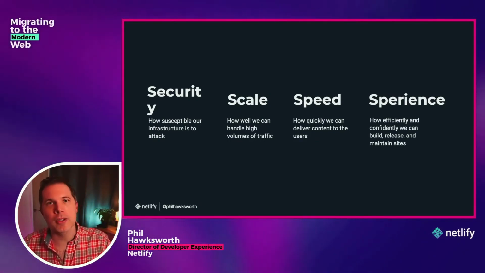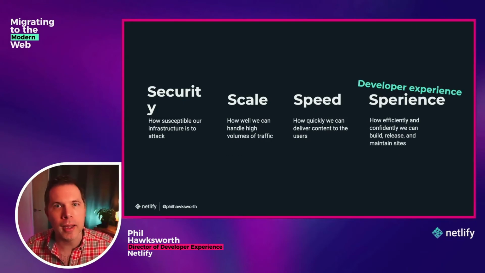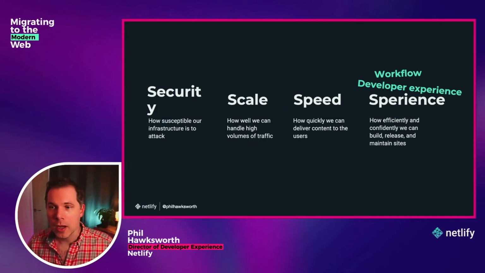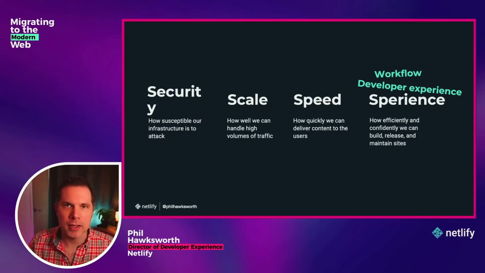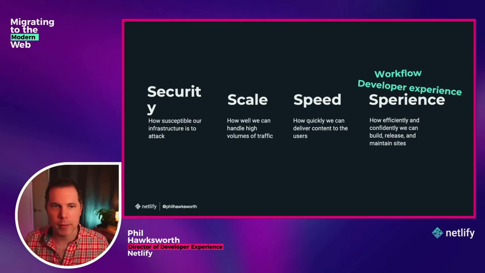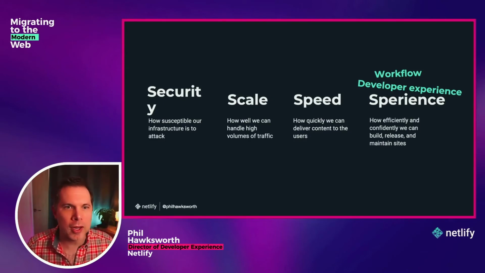And yes, I know experience isn't a word, but I needed that 4th S. I may be talking about developer experience there. Maybe I'd frame that as workflow. But yeah, how effectively and confidently we can build, release, and maintain sites, all in furthering a better user experience and a better result. So let's just talk quickly about each of those.